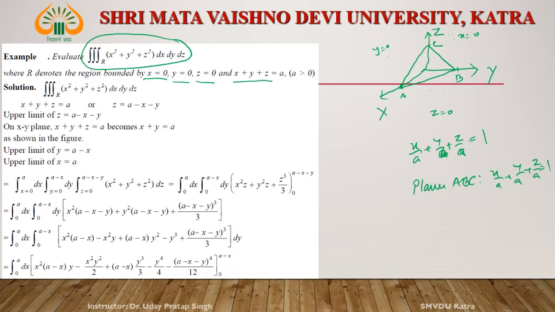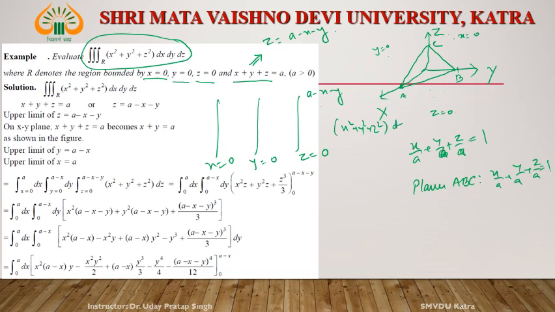Now, evaluation of this integral is easy, but you have to know how to put the limits. See, x equal to 0, y equal to 0, z equal to 0. What is the upper limit of z? From here, z is equal to a minus x minus y. And the function is the same, x square, y square, z square.